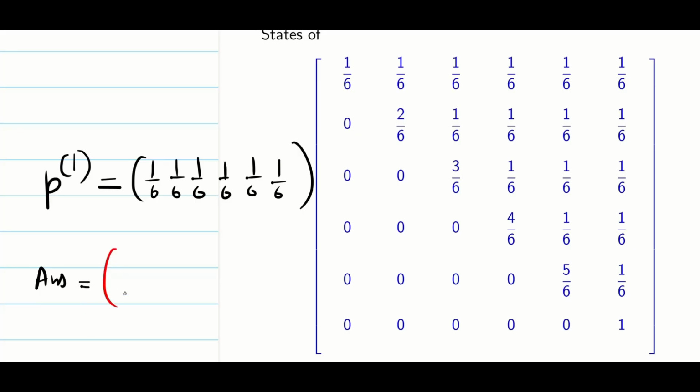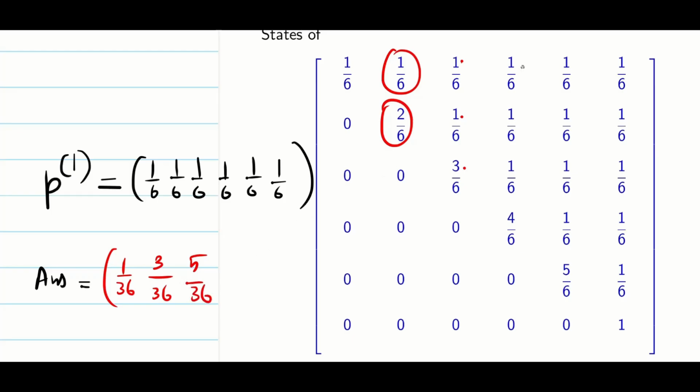When you multiply this, the first row is going to be 1 by 36. Then when you multiply this first row with the second column, we are going to have 1 by 36 plus 2 by 36. It's going to be 3 by 36. Similarly, for the first row with the third column, we are going to get 1 plus 1 plus 3. It's going to be 5 by 36.